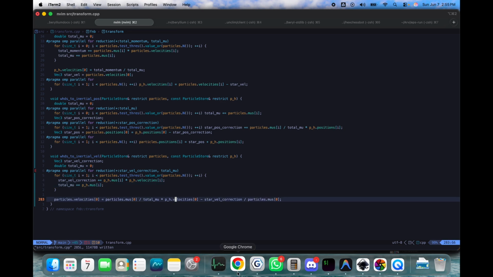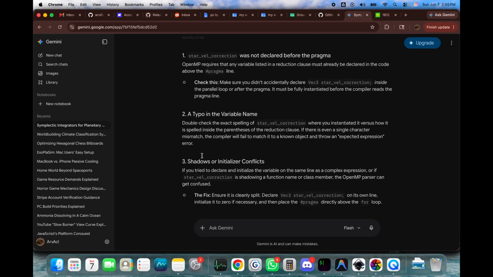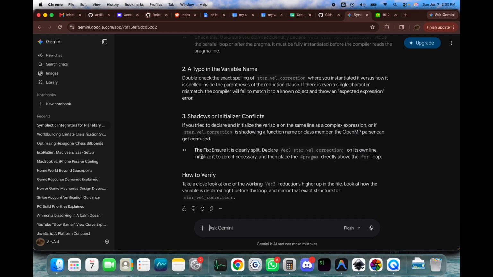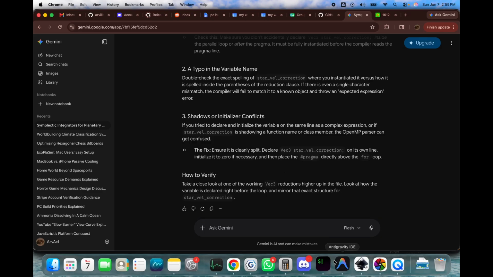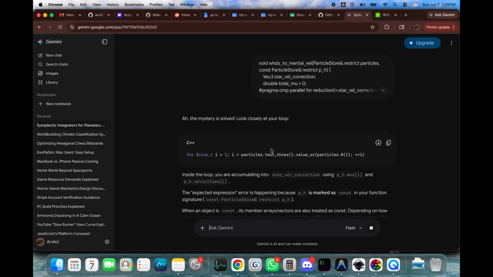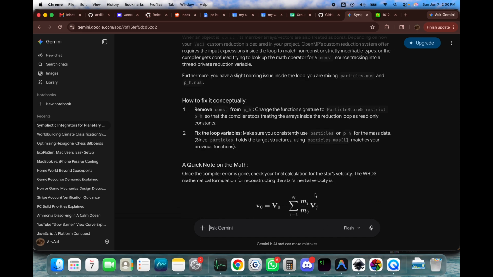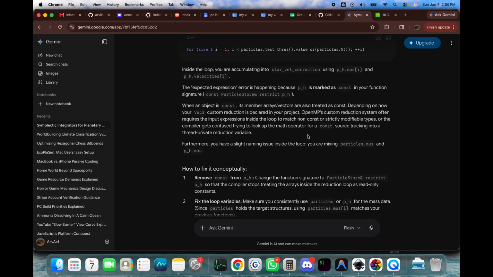Oh my god. Reductions with vec3 in this file are fine. It is just this one that is erroring. I swear I did that. But what kind of glitch is this? So, what's the error?